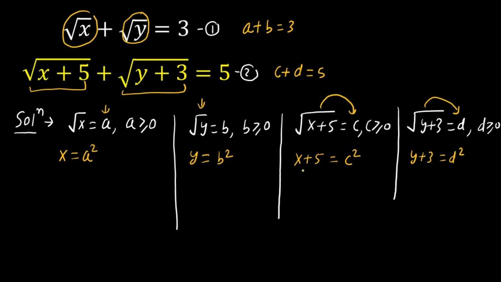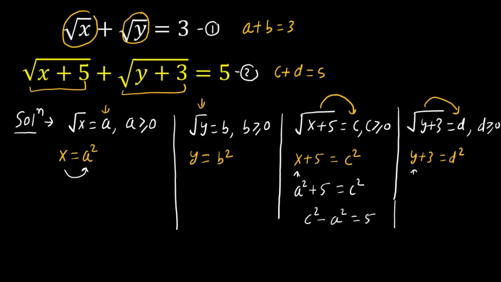Here x is replaced by a square, then a square plus 5 equals c square, so c square minus a square equals 5.